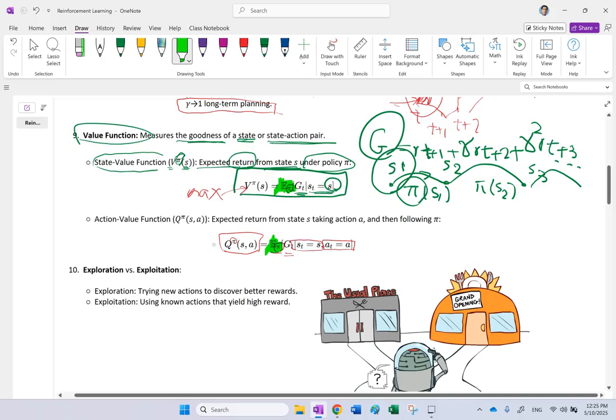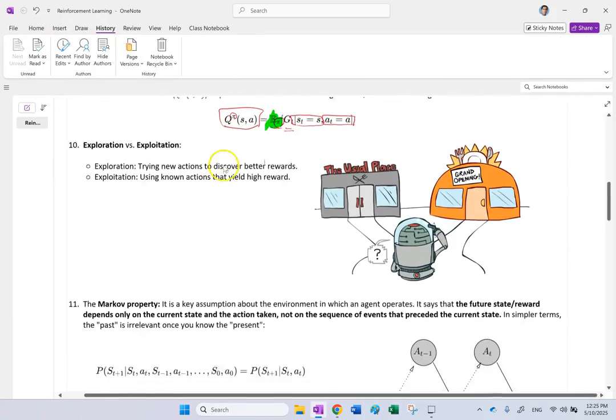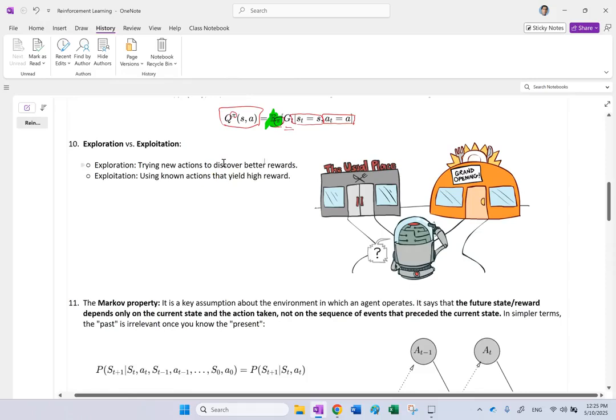So when your decisions are not 100% deterministic, but have a little bit of variability in them, then you have to use expected value. Okay, and again, the goal is to maximize this. How would you do that? We'll see in the next video. We'll talk about Bellman equation and the solutions to that. But here we just need to look at different terminologies.